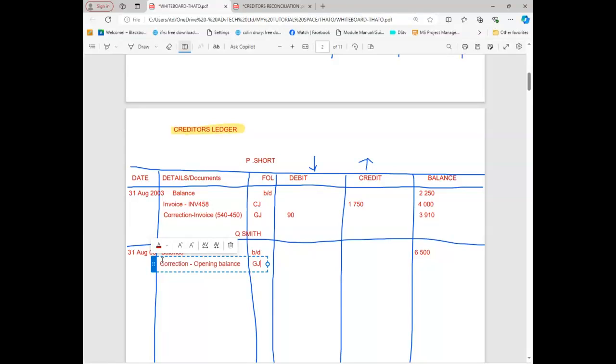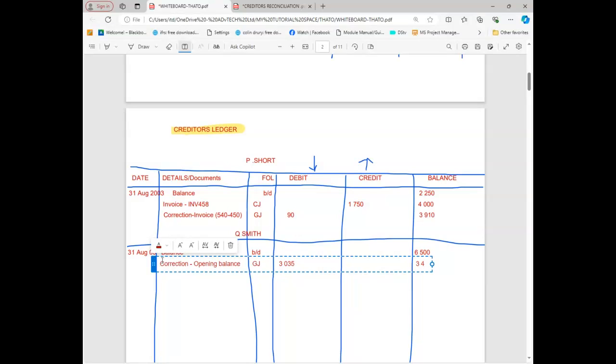This gives us 3,035 on the debit side. Perfect. And obviously the balance will be the one that is remaining, which is what? 3,465.